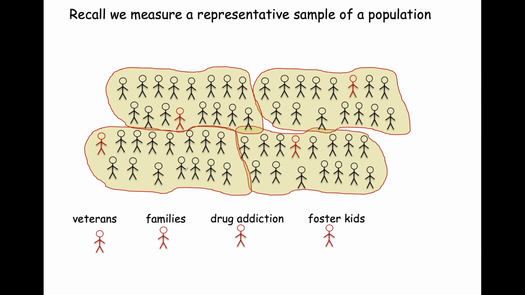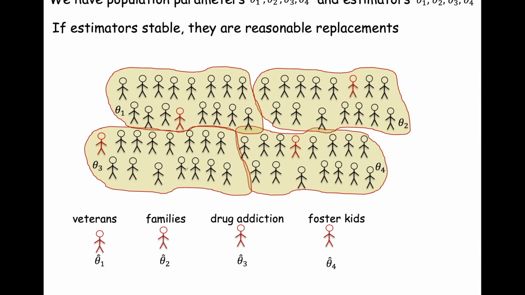That's a simplification, I acknowledge that, but this is for the sake of discussion. Nonetheless, we have a population consisting of 4 subgroups that are non-overlapping. We had the homeless veterans, the homeless families, those who are drug addicted, and the aged out foster kids. Now, of course, we took samples from them, and these subgroups were governed by ground truth parameters, theta 1, theta 2, theta 3, and theta 4, as we depict here.